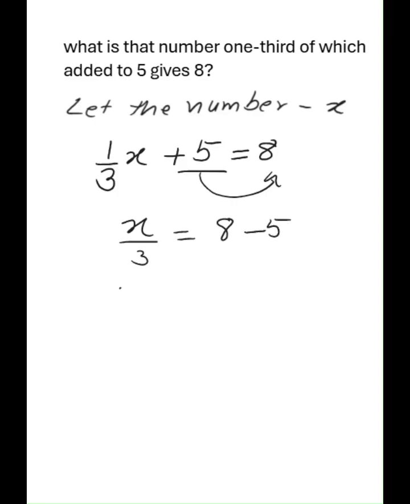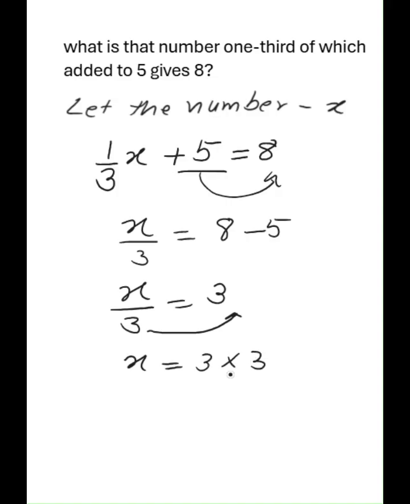Now solving this, we will get x by 3 is equal to 3. Now this 3 is in the division part. So if it goes to the other side, it goes as multiplication. X is equal to 3 multiplied by 3. Now 3 multiplied by 3 will be 9. So x will be 9. So the unknown number is 9.